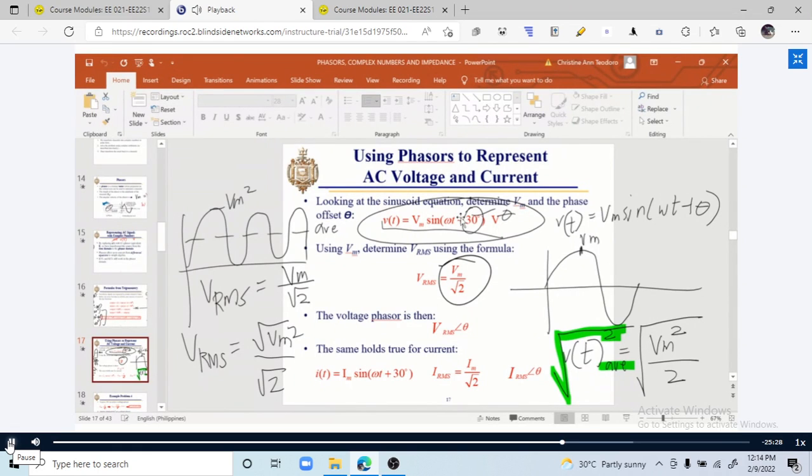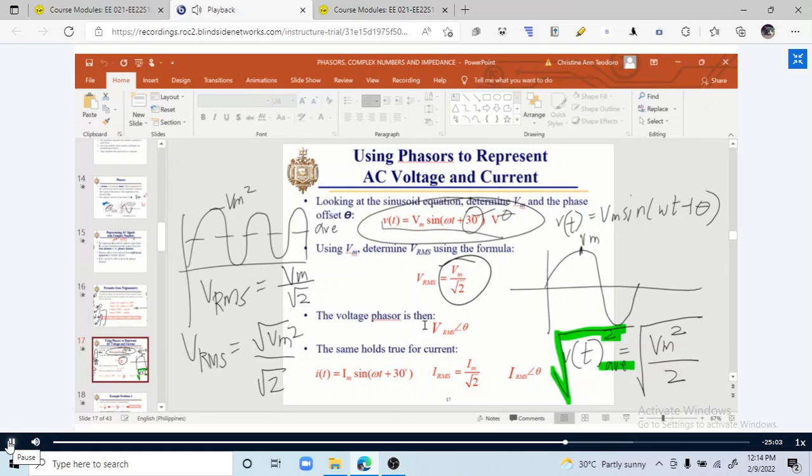In order to determine the root mean square value, or the RMS value, you should use the formula Vm, or the maximum value, all over square root of 2. If you are going to get the root mean square, we can now convert our time domain format into our phasor domain format.